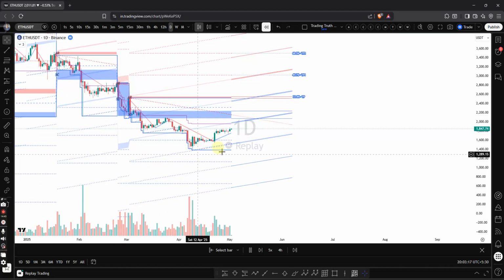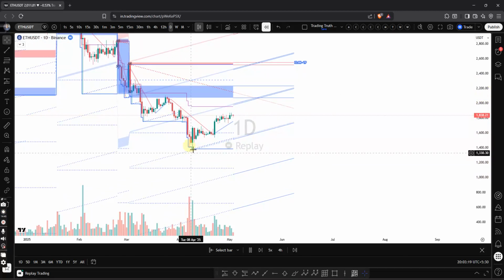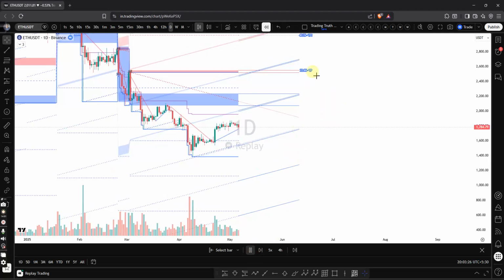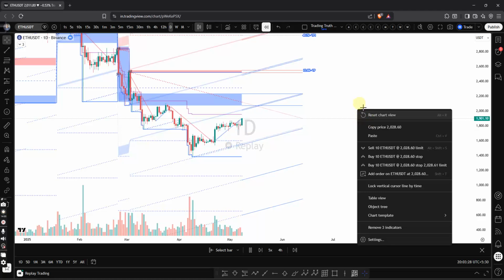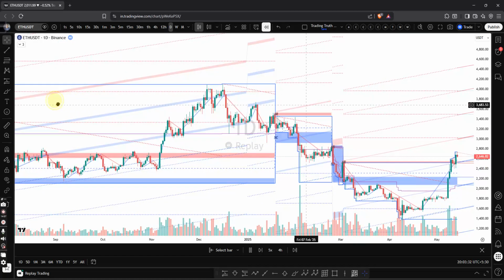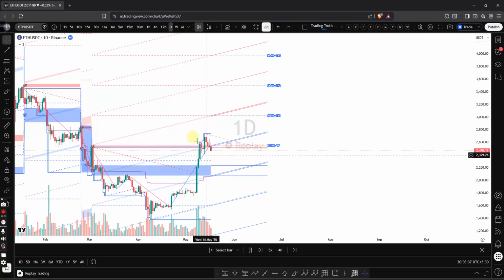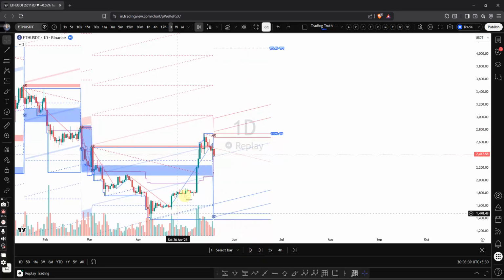See this trade, if you notice, it was right on point. So see, a new structure got formed there, right?